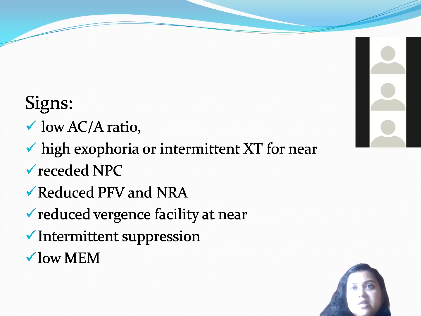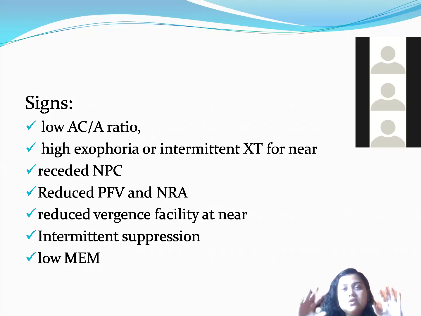Because while doing the NRA test, you are putting plus lenses, your eyes are diverging like this, and you have to maintain straight vision to see it clear and single. So if your eyes are going out like this, now with your positive fusional convergence reserve, you have to make your eyes straight, to see that image single and clear.